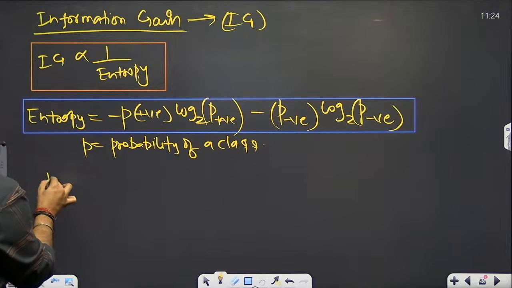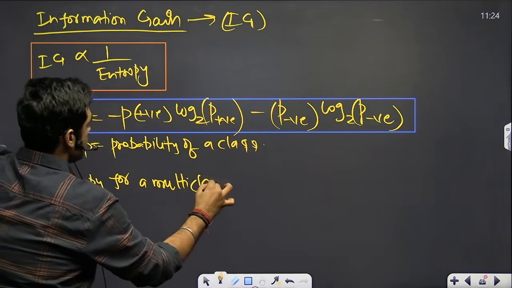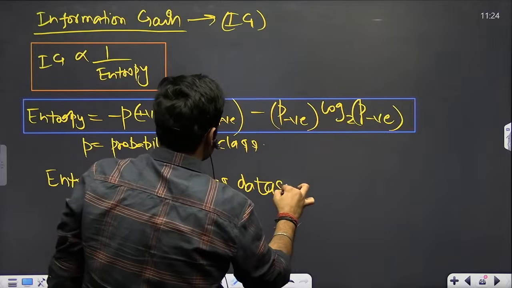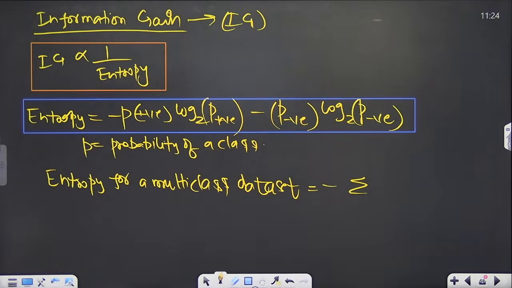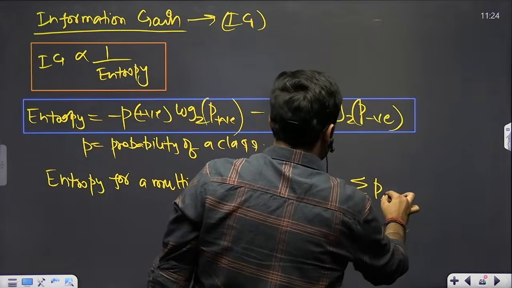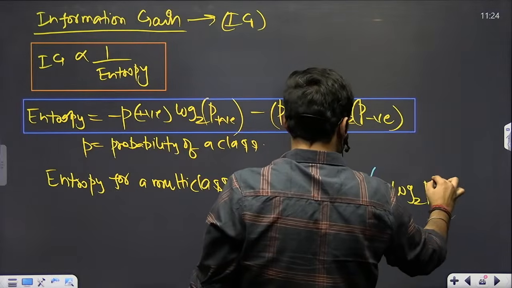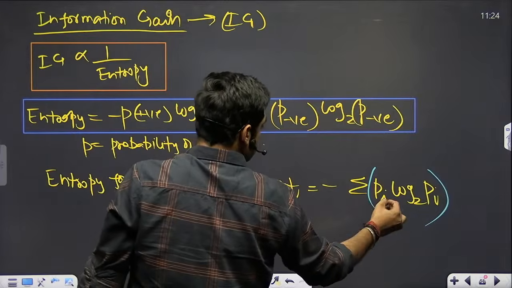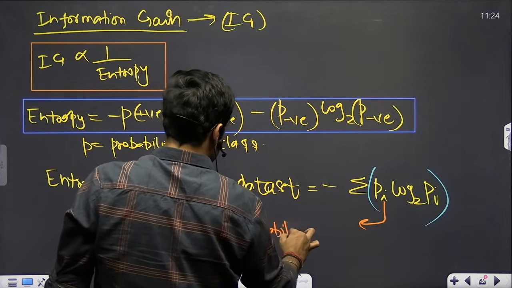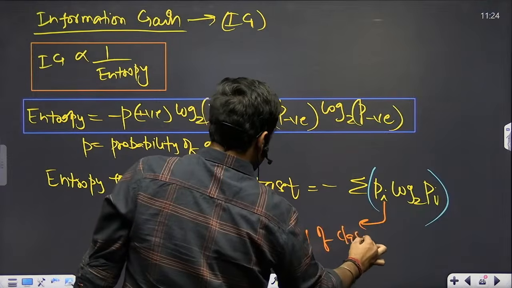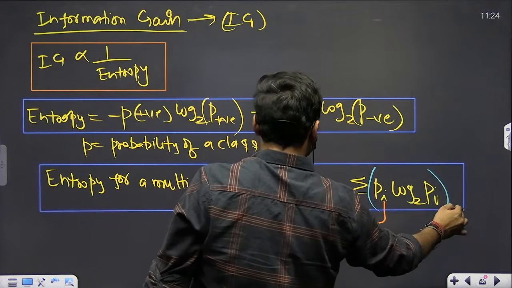Entropy for a multi-class data set is the negative of the summation of Pi log 2 Pi, where Pi is the probability of class i.